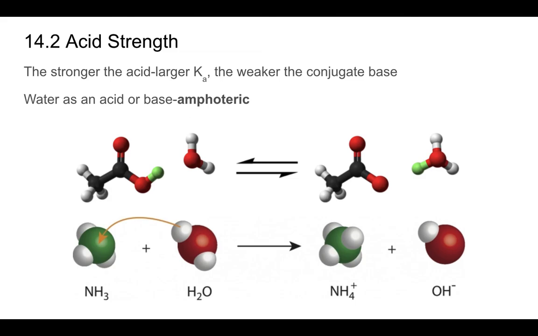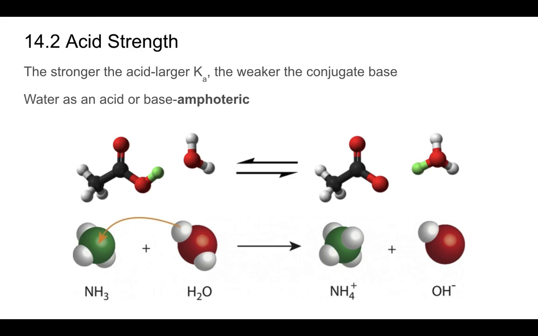Now, if we think about an acid having a conjugate base, then we have a general relationship: the stronger the acid is, the weaker its conjugate base. If you think about it in terms of competition, in the forward direction, the acid is donating the proton.